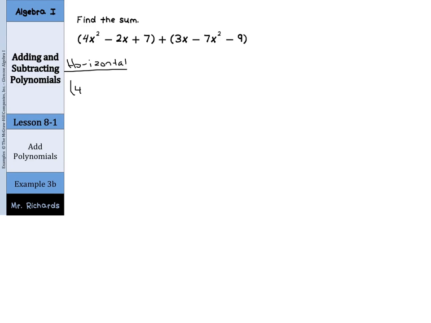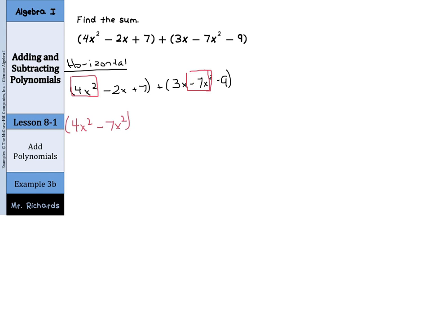So we'll rewrite this out, 4x squared minus 2x plus 7, then plus 3x minus 7x squared minus 9. Well, we'll start with our x squareds, our second degrees. Those are there. So we have 4x squared minus 7x squared.